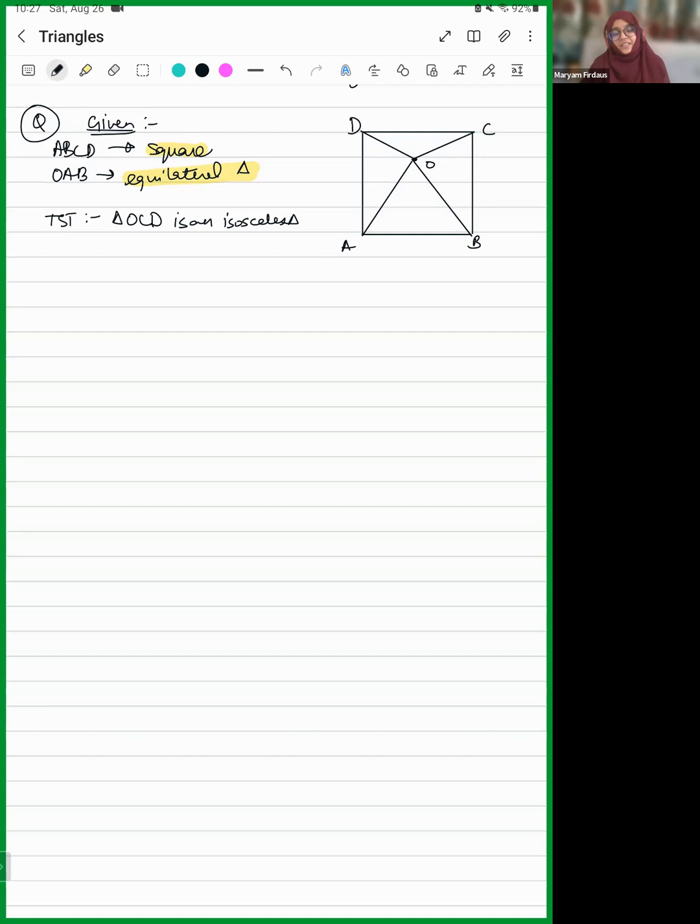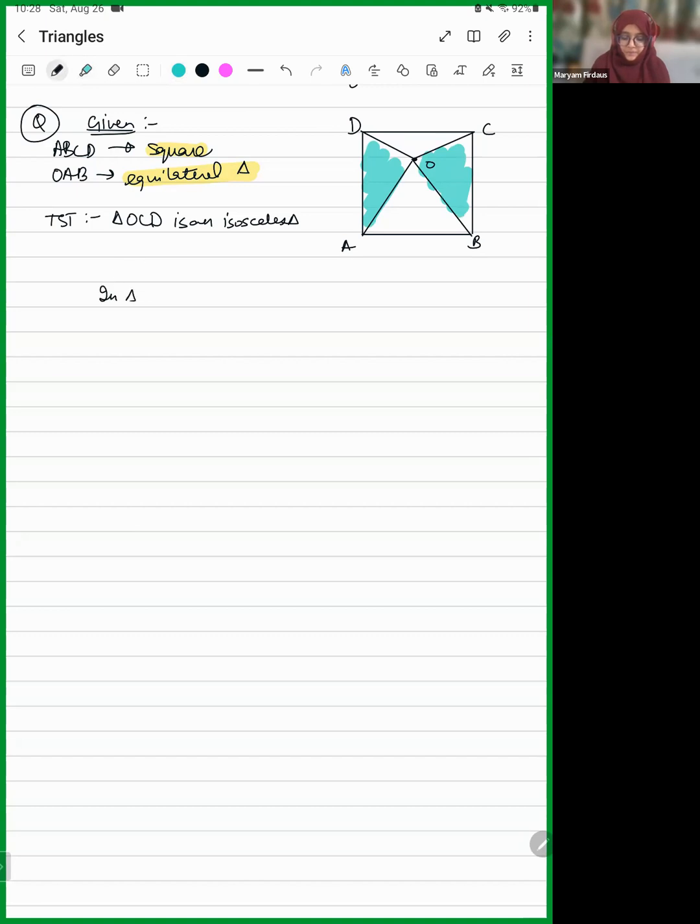Ma'am, both of them are congruent by SAS. I couldn't hear what you said previously. Yes, Preshita? Ma'am, both of them are congruent by SAS. What all sides? First of all, you're talking about these two triangles, BOC and AOD, right? Now what is equal to what?